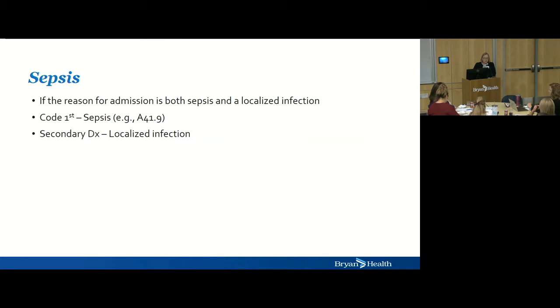My first example is, okay, the patient was admitted for sepsis and a localized infection. That could be pneumonia, it could be cellulitis, it could be a UTI. The sequencing rule that the coder is bound to is that the first listed code is sepsis, and then the secondary diagnosis is the localized infection.